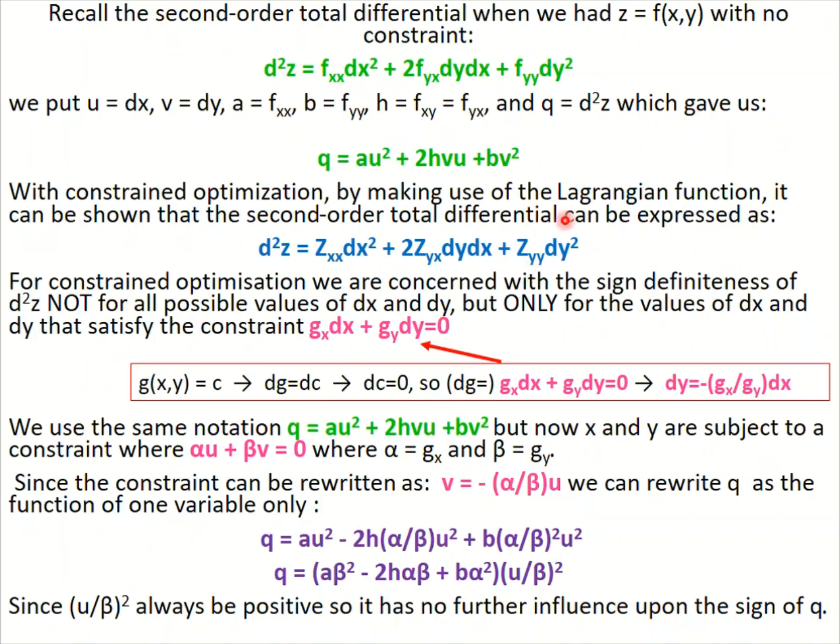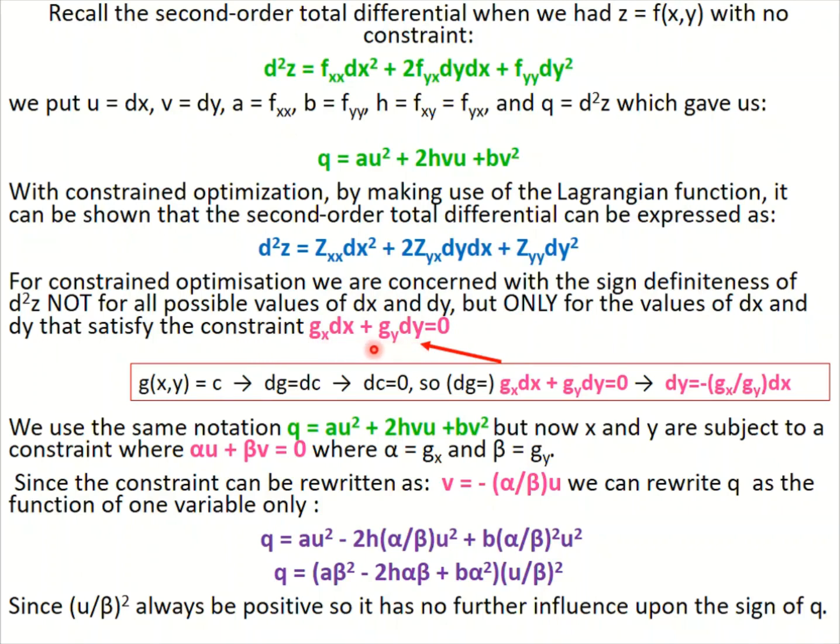If we want to put this another way, we are concerned with the sign definiteness of d2z, not for all possible values of dx and dy, but only for the values of dx and dy that satisfy the constraint.